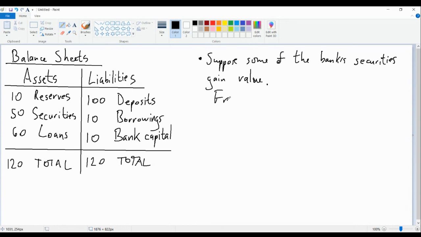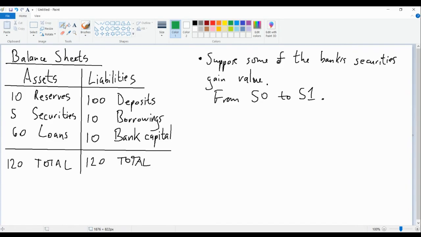Let's say right now the total value of securities is 50. Let's say it goes up to 51. How is the balance sheet going to change? Well, this is no longer 50, right?